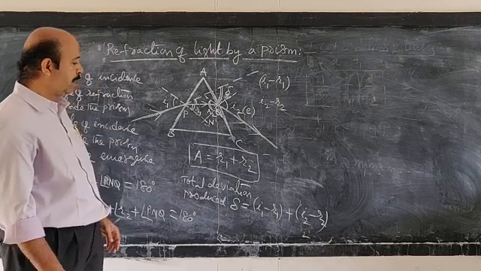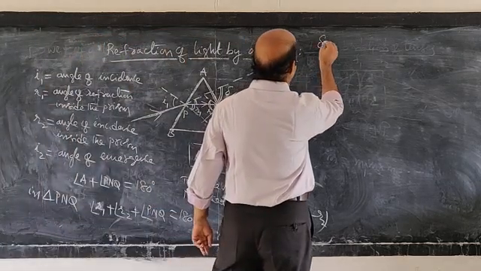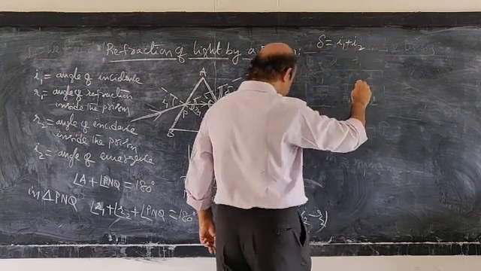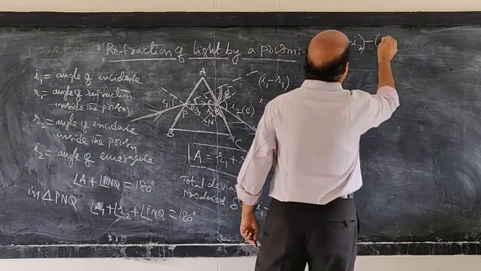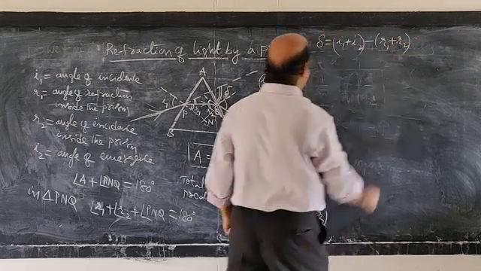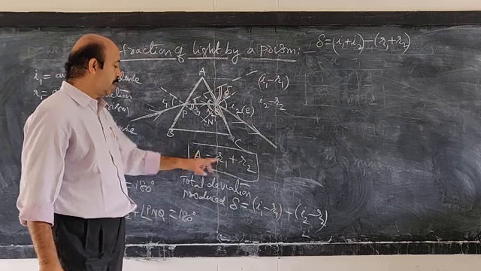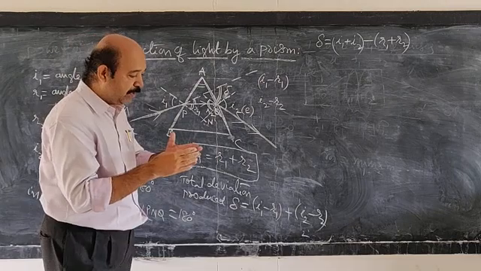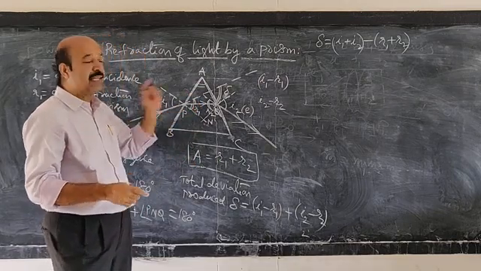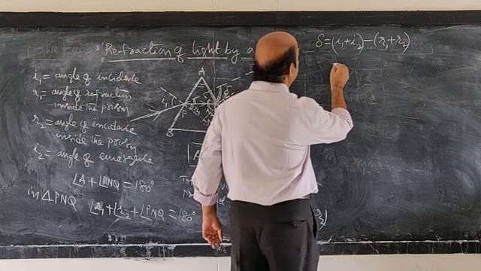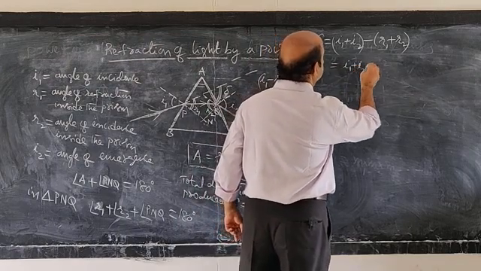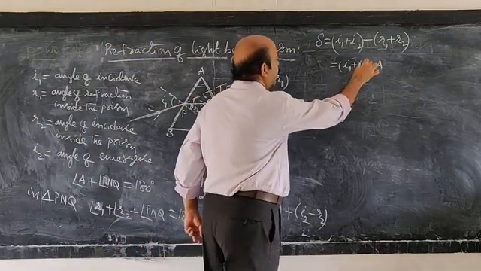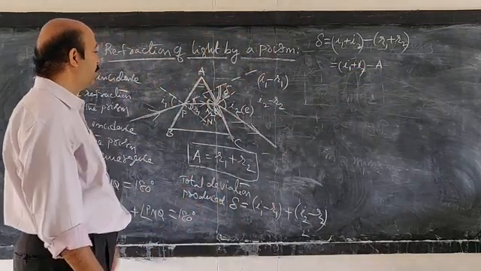So that can be written as I1 plus I2 minus R1 plus R2. But we have already shown that R1 plus R2 is equal to A. A is nothing but the angle of the prism, the angle between the two refracting surfaces. So the deviation is I1 plus I2 minus A, where A is the angle of the prism.